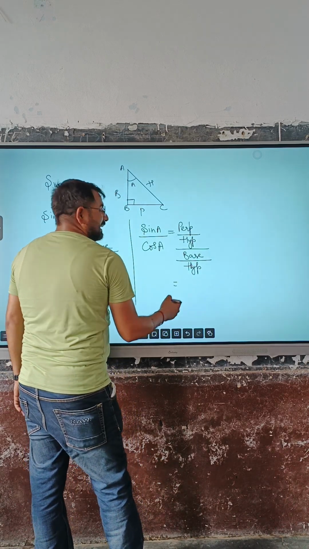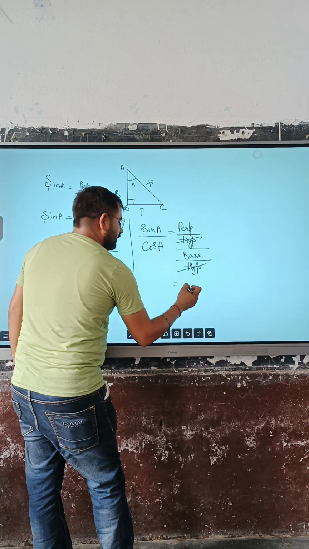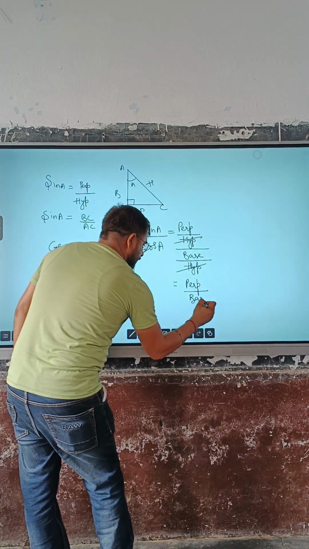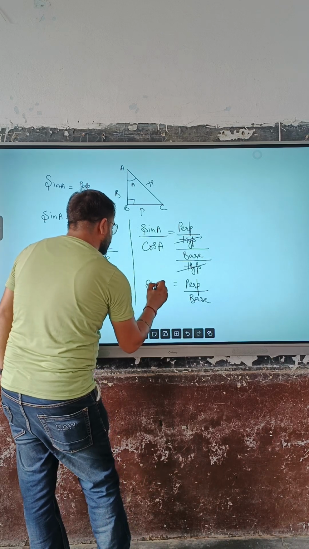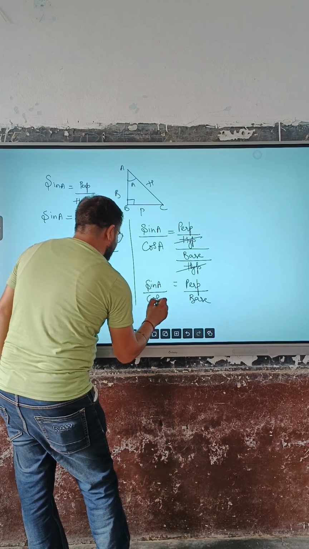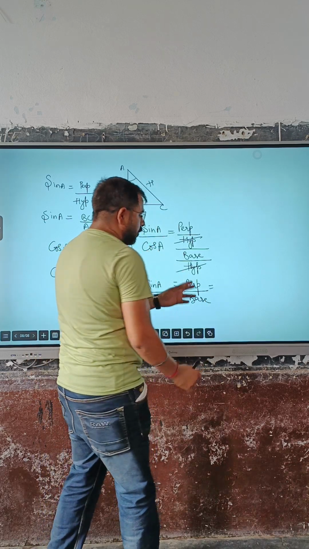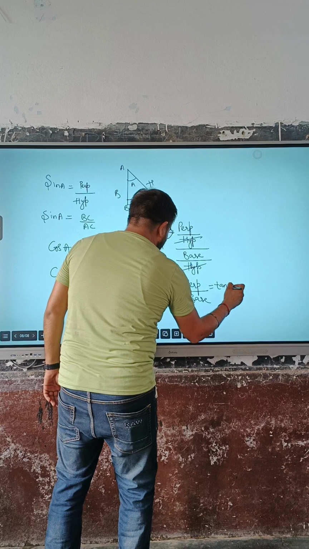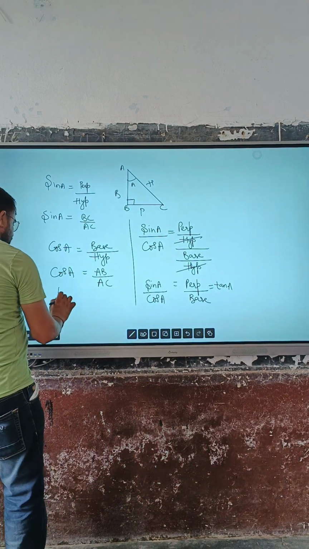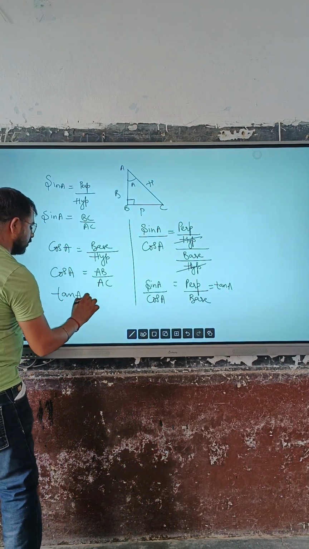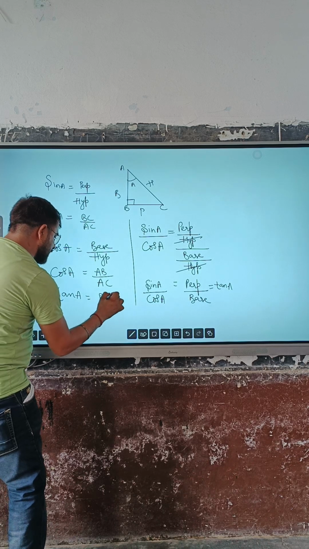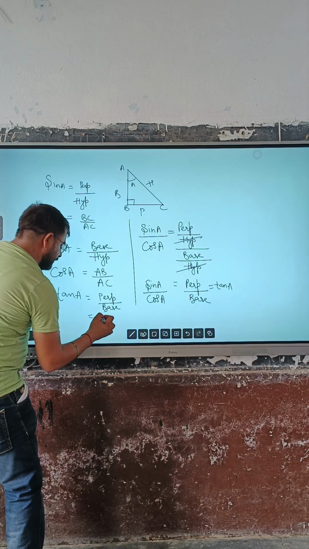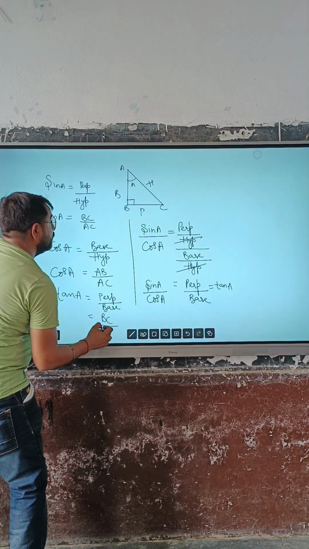Hypotenuse cancels with hypotenuse, so we get perpendicular over base, that is sine of angle A over cos A. Perpendicular over base is tan of angle A. Perpendicular is BC and base is AB.